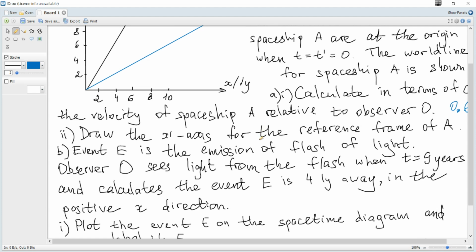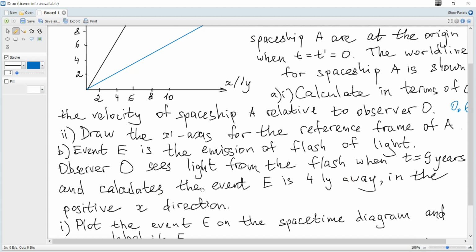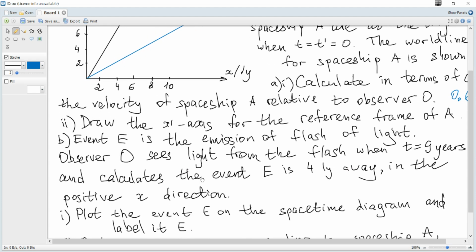The next question, B: event E is the emission of a flash of light. Observer O sees light from the flash when t is 9 years and calculates that event E is 4 light years away in the positive x direction.